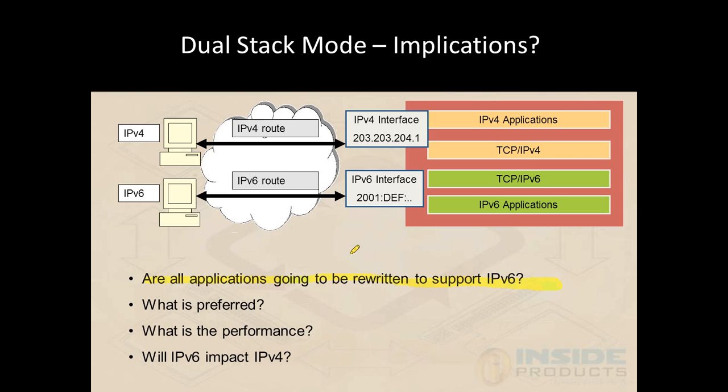Now, this can be different interfaces, let's say on the router, or the same interface. If you have different interfaces, then that router is running in dual stack mode. If you have it on the same interface, then that interface is running in dual stack mode.